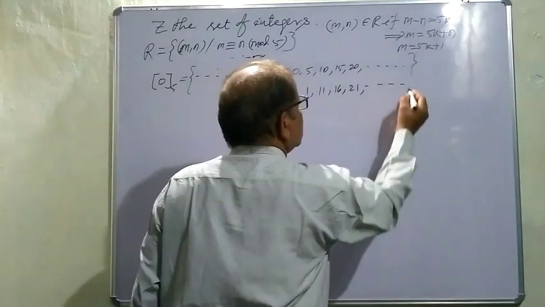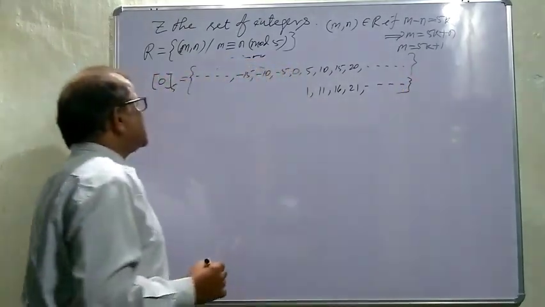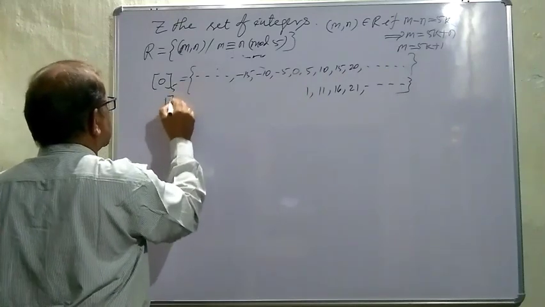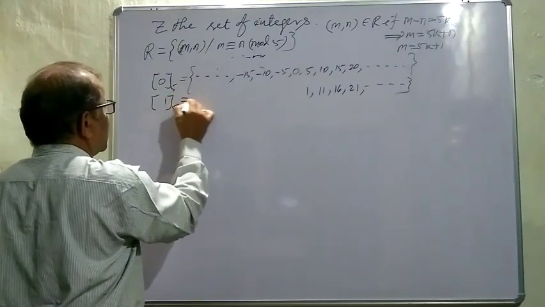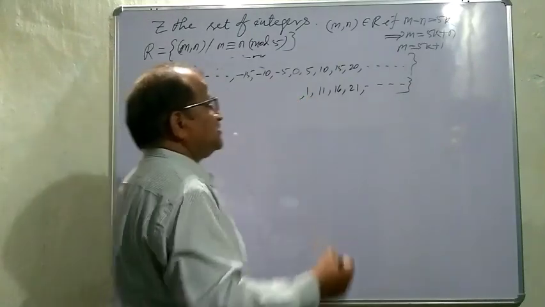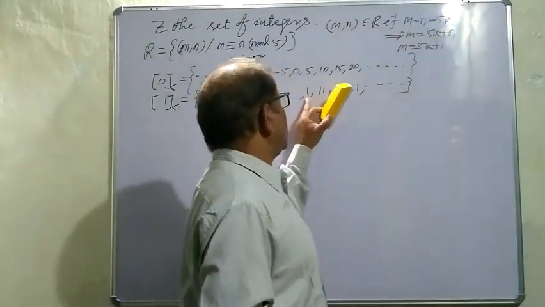This is the equivalence class of 1. After this, for k equal to 0, m is equal to 1.